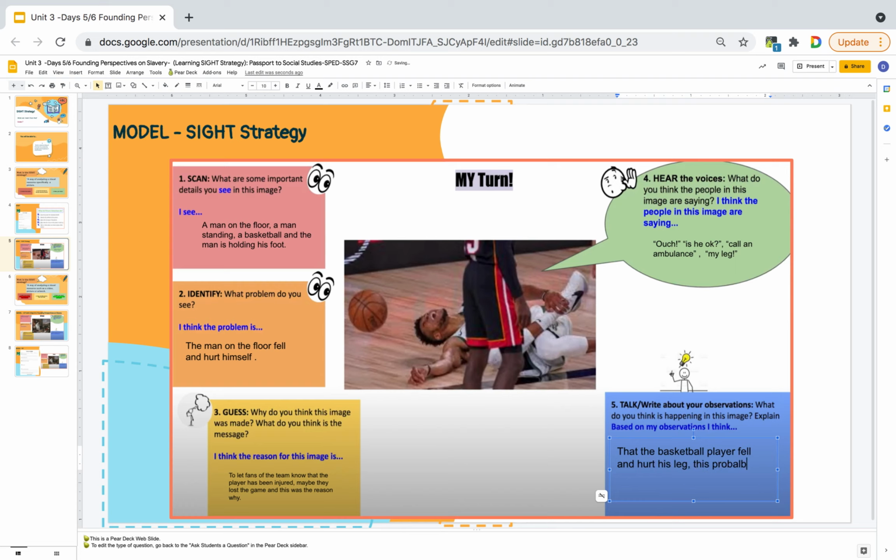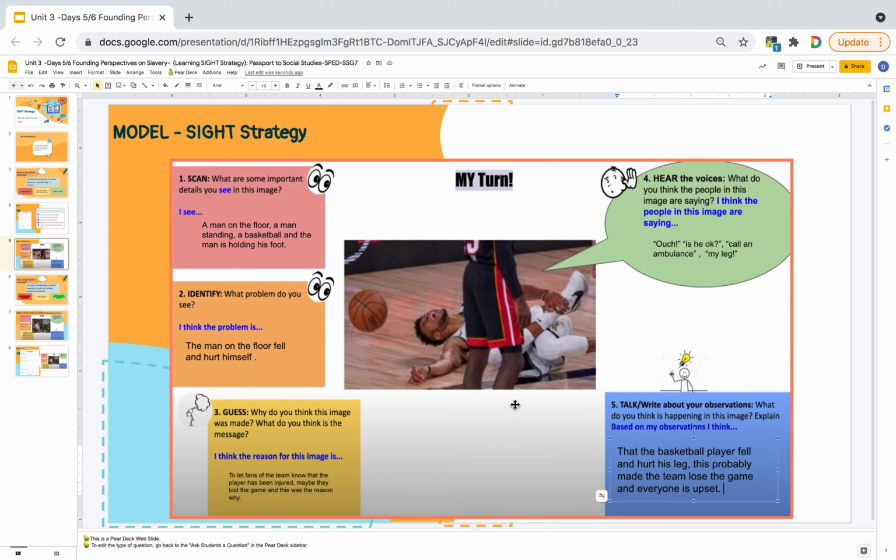This probably made the team lose the game and everyone is upset. This is just my initial feeling about what I'm seeing in the picture based on all the data that I've gathered.